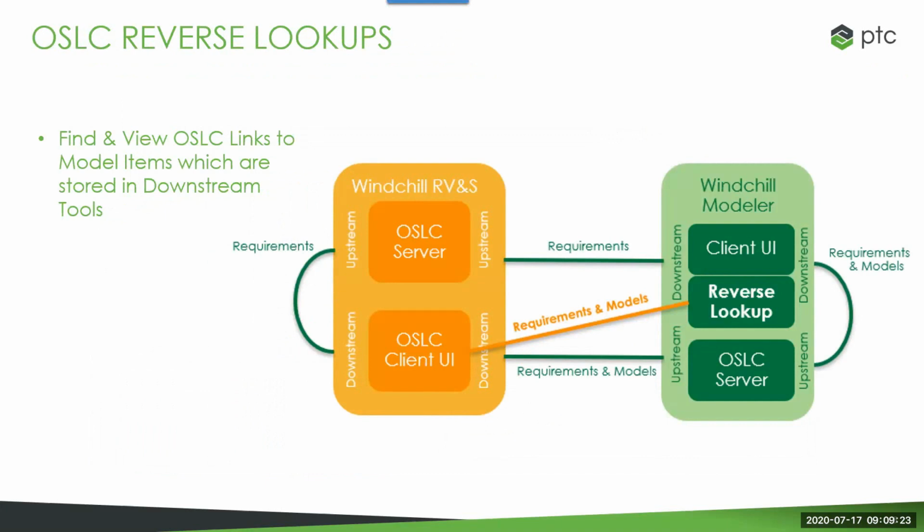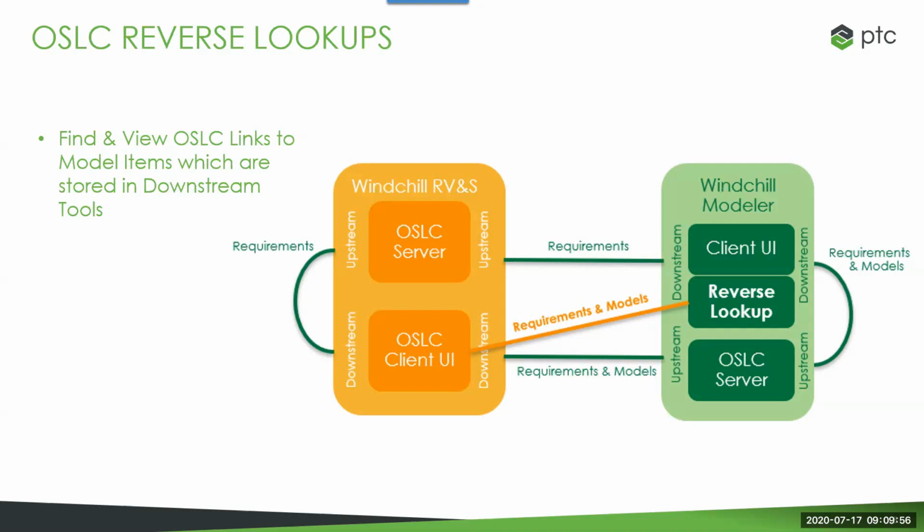The next new feature is what we're loosely calling reverse lookup. It's essentially being able to view and navigate OSLC links that are stored in a different system to the one that you're actually using. In this scenario, we have Windchill RVNS and Windchill Modeler. If the OSLC links have been created by the RVNS user, they're stored in RVNS.